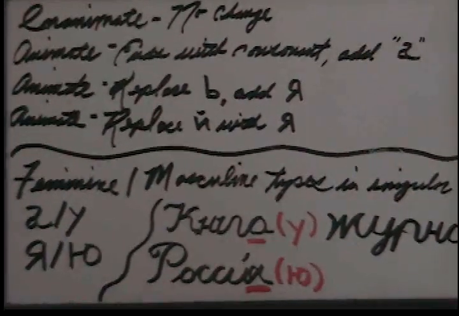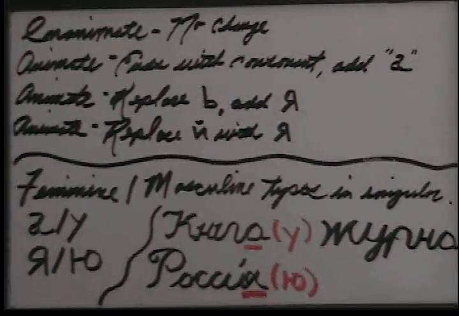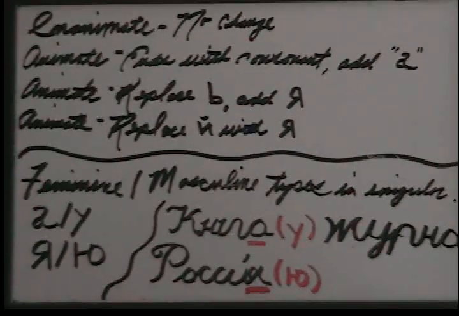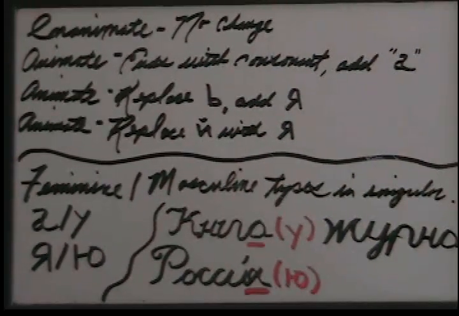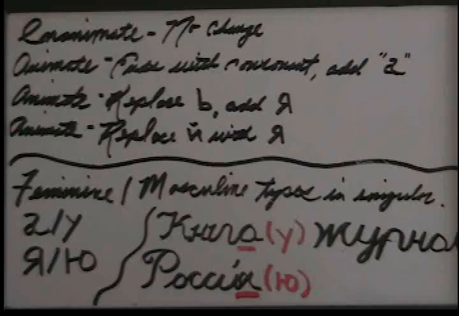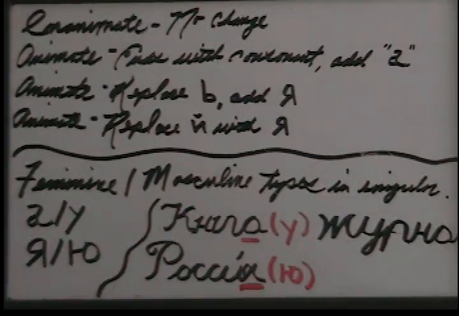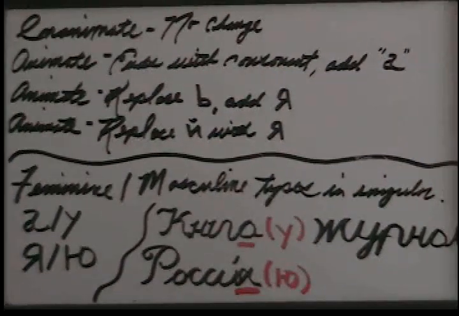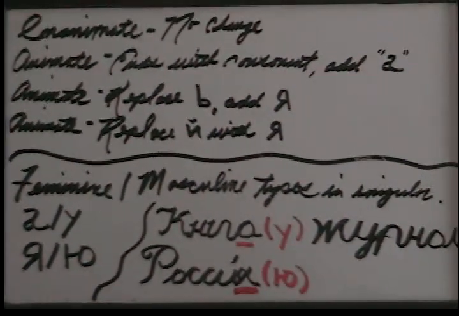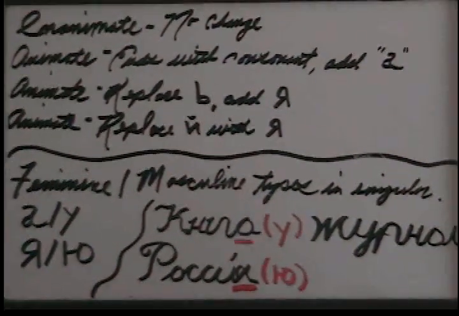Again, if it's animate and ends with мягкий знак, then you replace the мягкий знак and add я. Another, if it's animate, you're going to replace и краткое with я. Okay? И краткое, я.